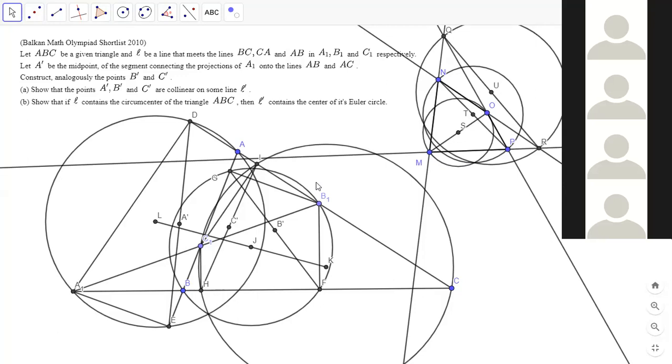Okay. Let's see. I'm trying to remember the way I proved this in my video. I think every point on the line ST, the sum of the areas of SMP and SNO are the same. If you take the area of SMP plus the area of SNO, it's half the area of this quadrilateral.